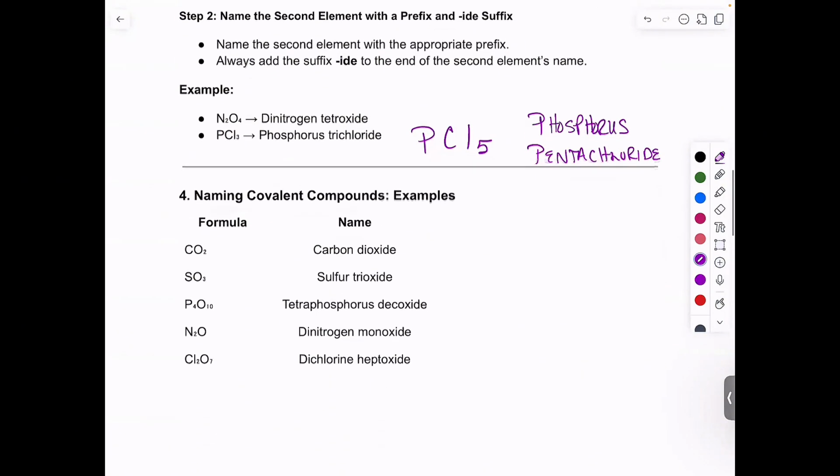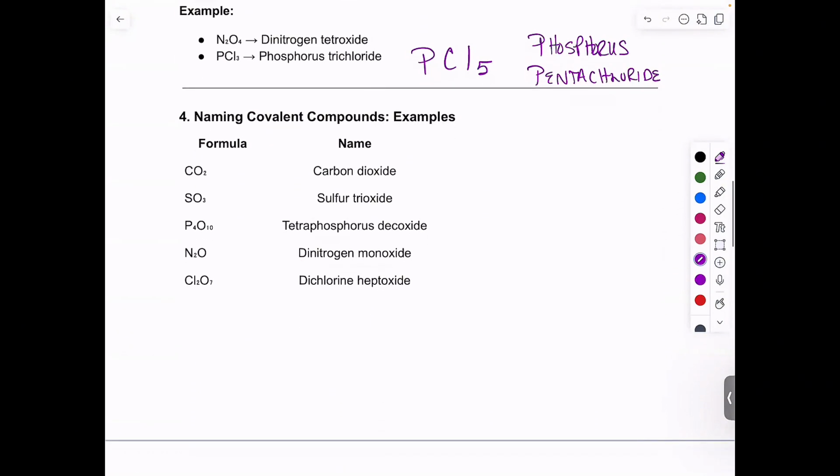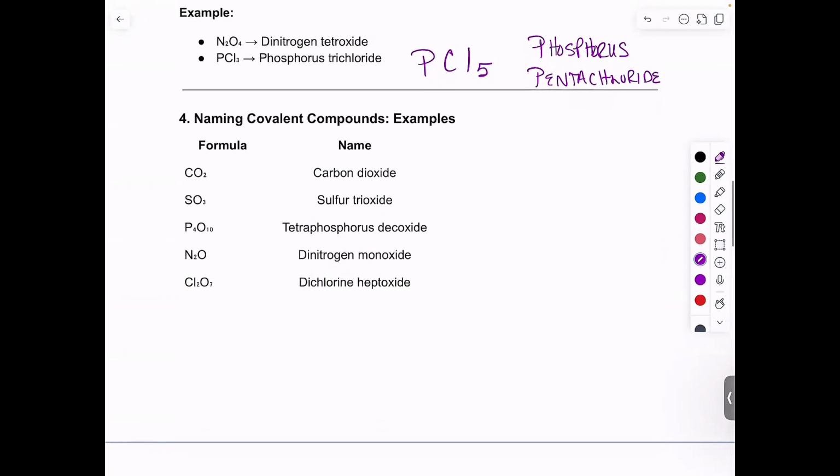So we have some more examples. We have CO2 for carbon dioxide, and sulfur trioxide. Remember, this can come up from time to time. I've seen students have problems with this: SO3 2 minus. That's the sulfite anion. The key difference is that SO3 2 minus, the sulfite polyatomic ion, is charged.